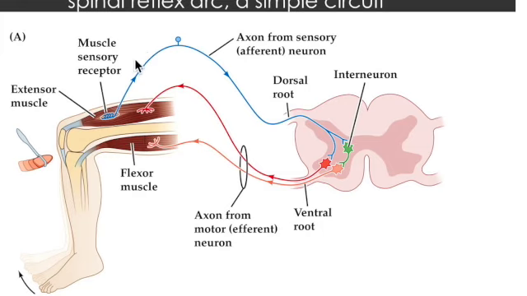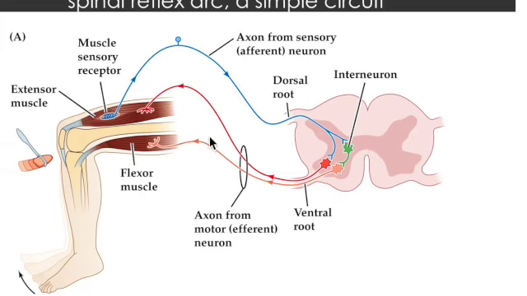So there's this one input, the sensory receptor and then the axon, and that gets converted into two outputs after having received the input into the central nervous system.